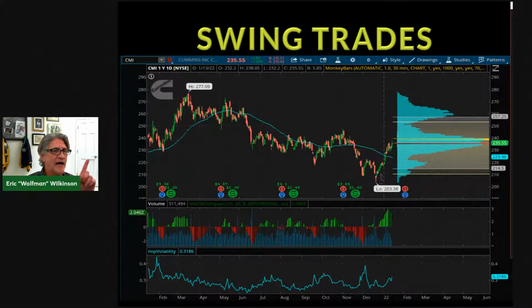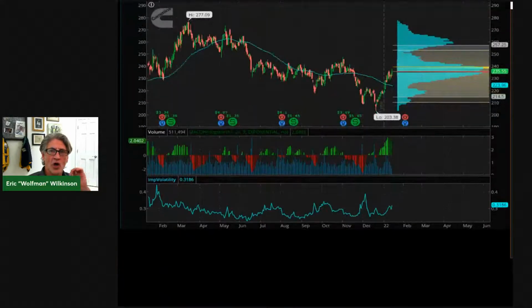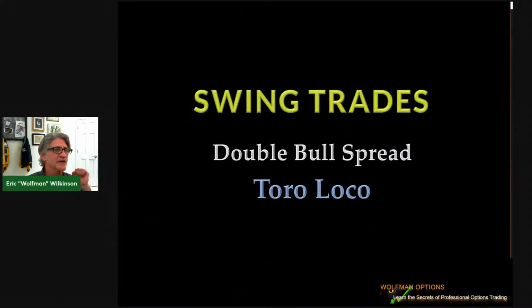All right, so now the Toro Loco, the double bull spread, folks. This is an aggressive trade. Now, earlier on, we did some things that were called risk reversals, and this would have been kind of similar to the bullish risk reversal, which I said, if you have stock in your portfolio, that bullish risk reversal is a great strategy to add to a portfolio because you can capture that upward momentum.